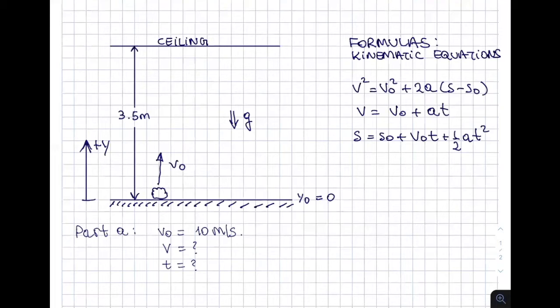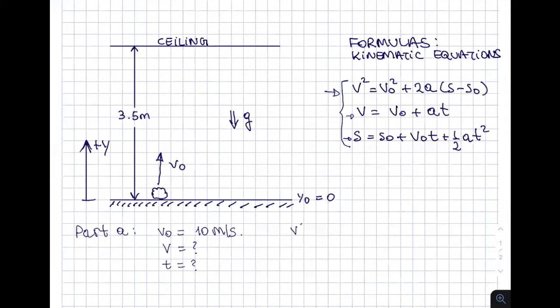For the first one, for v, we want to use one of these equations which doesn't involve the variable time. The second one has t, and the third one also has t. So we can choose this formula so that we don't have to deal with time.